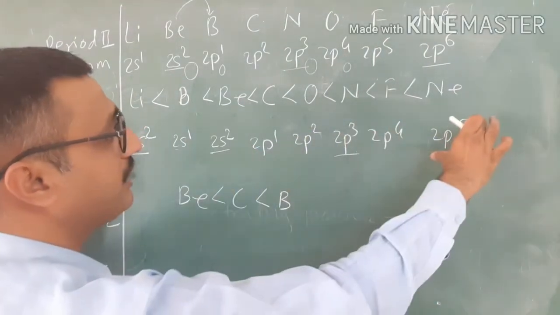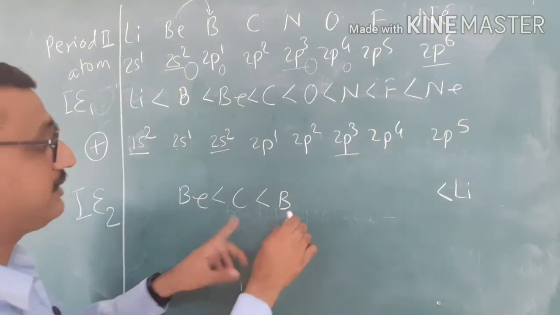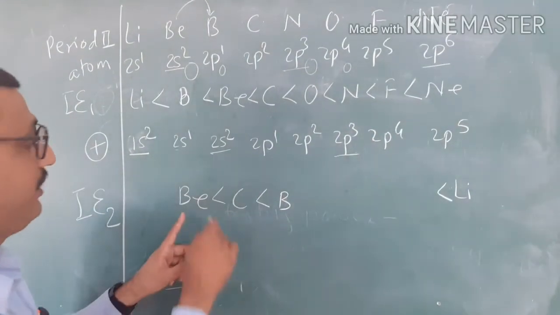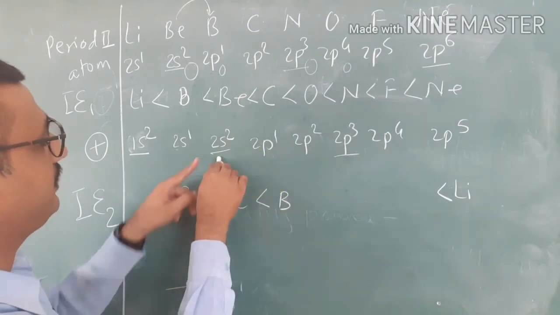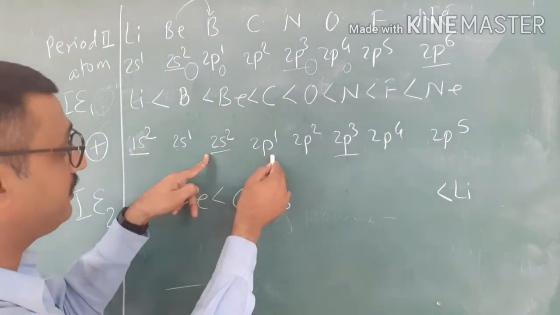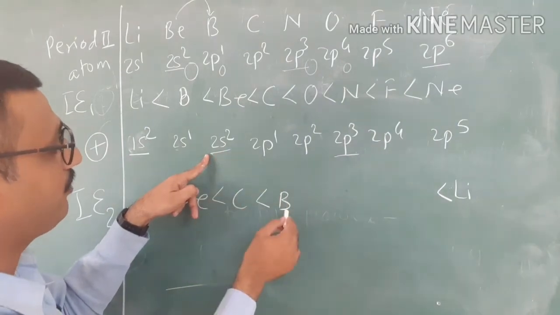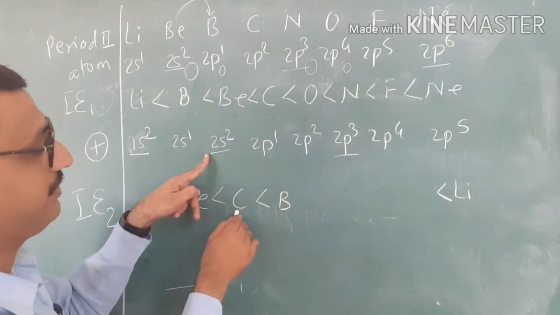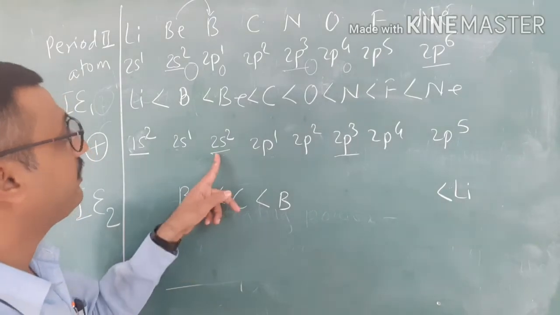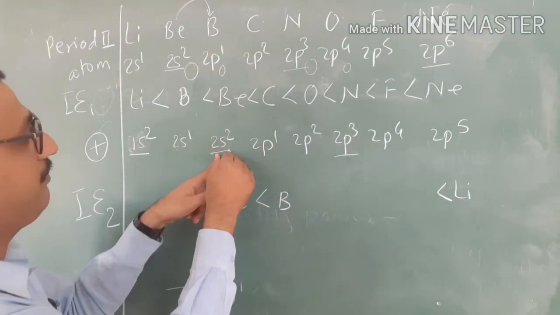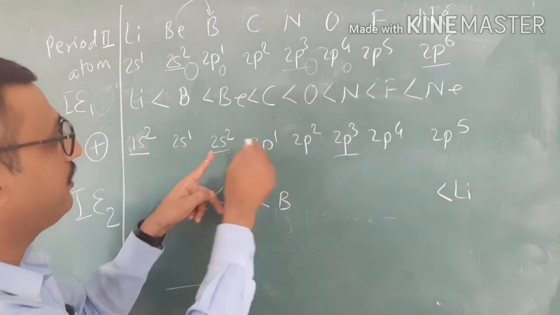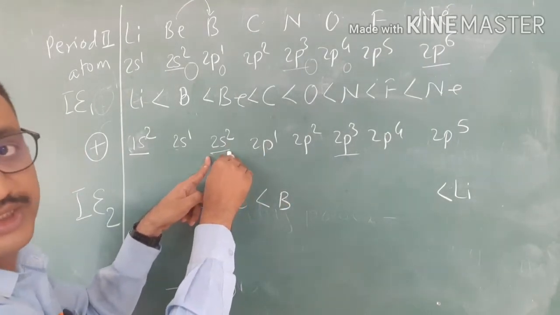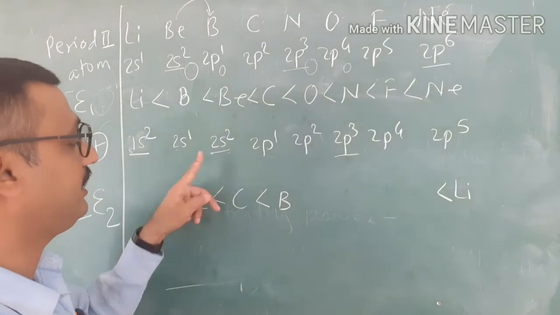These electronic configurations I am comparing, then the second ionization potential I am talking about here. Beryllium, after beryllium, carbon, after carbon, this one. So hope you are understanding why the second ionization potential of boron is greater than that of carbon. Because this is B plus and this is the electronic configuration of C plus. So B plus having electronic configuration 2s2 is more stable, isn't it?